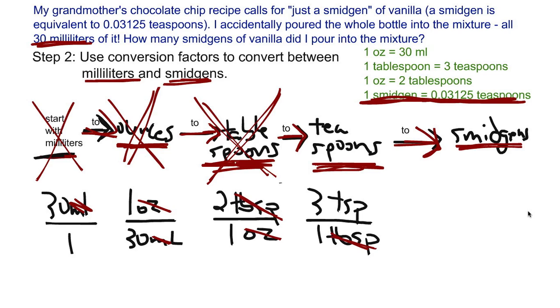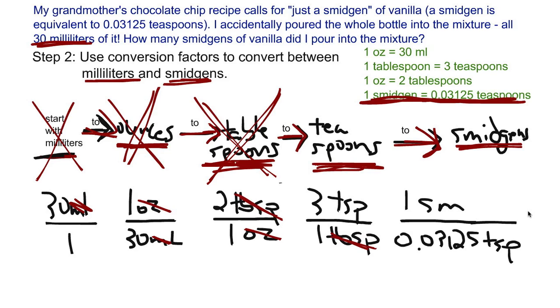Now the conversion factor is the one that puts teaspoons on the bottom. 0.03125 teaspoons, 1 smidgen on top. Now teaspoons must go on the bottom because we want them to cancel out. And when teaspoons cancels out, we are going to multiply everything together.